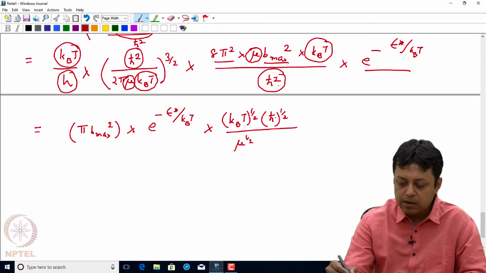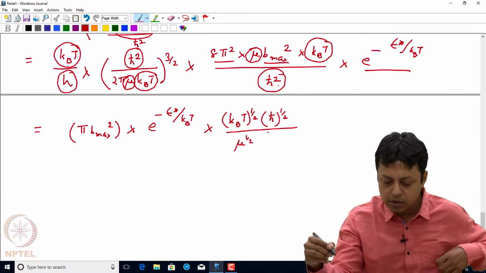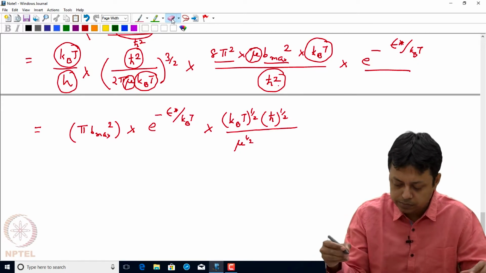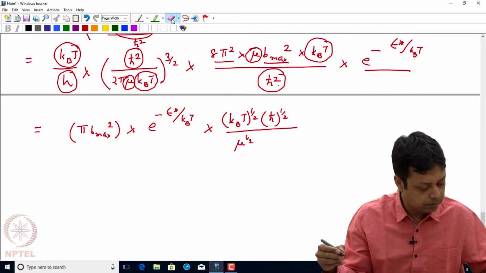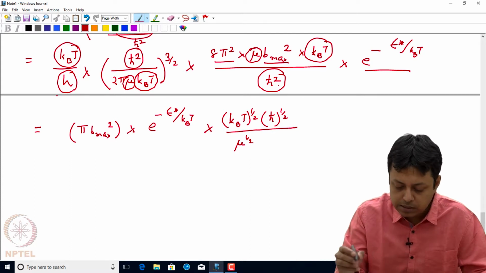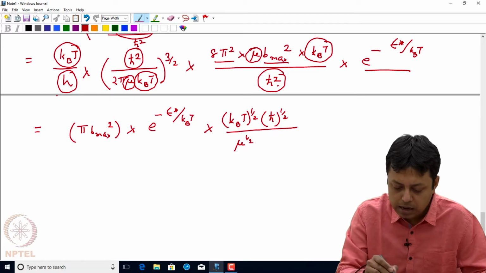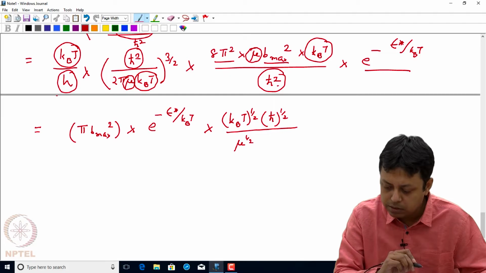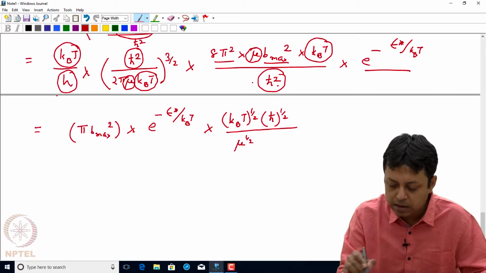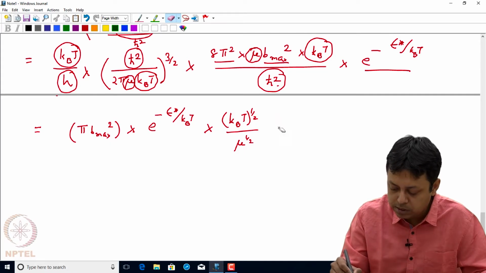So, in that sense I can write it as h by 2 pi, and then we can easily figure out how it gets cancelled. So, let us just do it. I have 1 h here, as you can see, and then I will have 1 h bar squared here, and I will have h bar squared to the power 3 by 2, which is h bar cubed, and then I will have 1 h bar squared instead of h bar. So, let us write it once again.